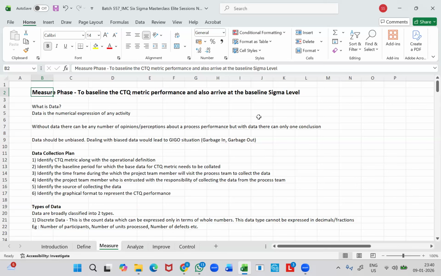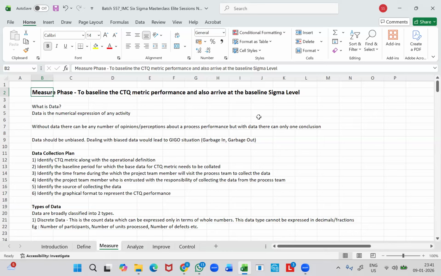So we will baseline the CTQ metric performance. And not only that, we will also arrive at the baseline sigma level at the end of the measure phase. Yesterday itself, we would have discussed the sigma level. Sigma level is a metric which indicates the quality or the efficiency levels of a process. And this sigma level is calculated based on the defect rate or the yield rate or the accuracy rate.